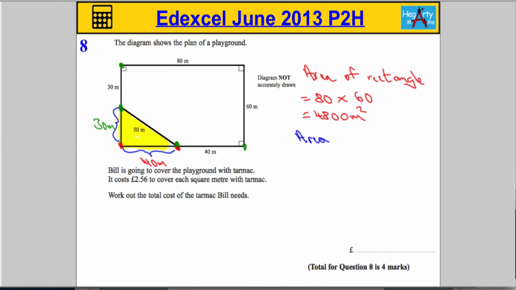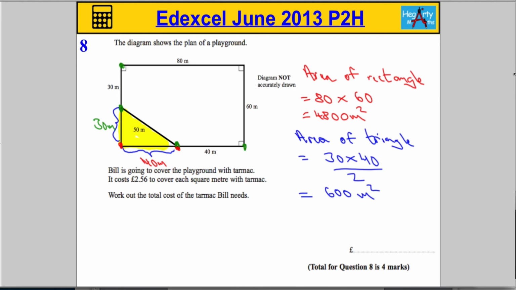So the area of the triangle equals, and we're going to do the base times the height, 30 times 40, and we're going to divide that by 2. 30 times 40 is 1,200, and 1,200 divided by 2 is 600, and it's 600 meters squared.